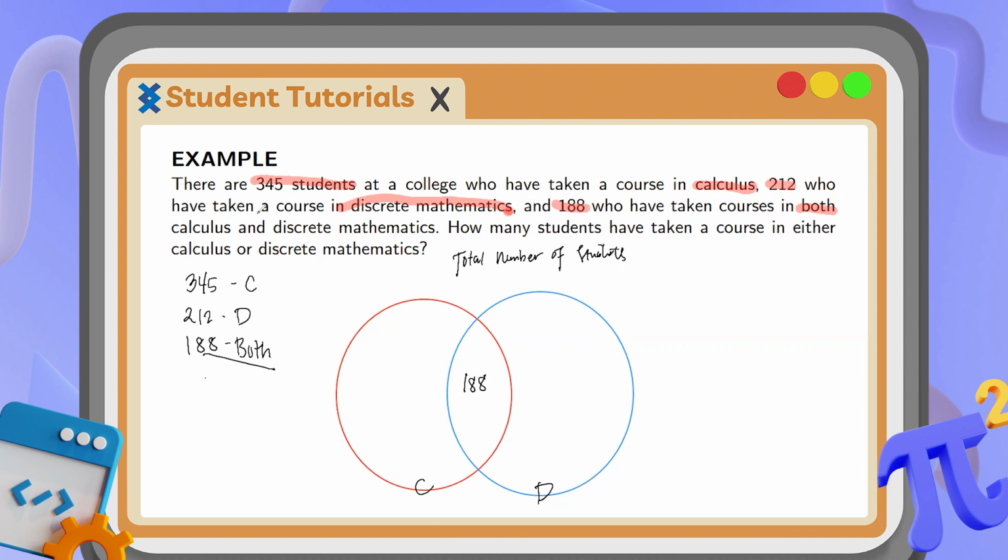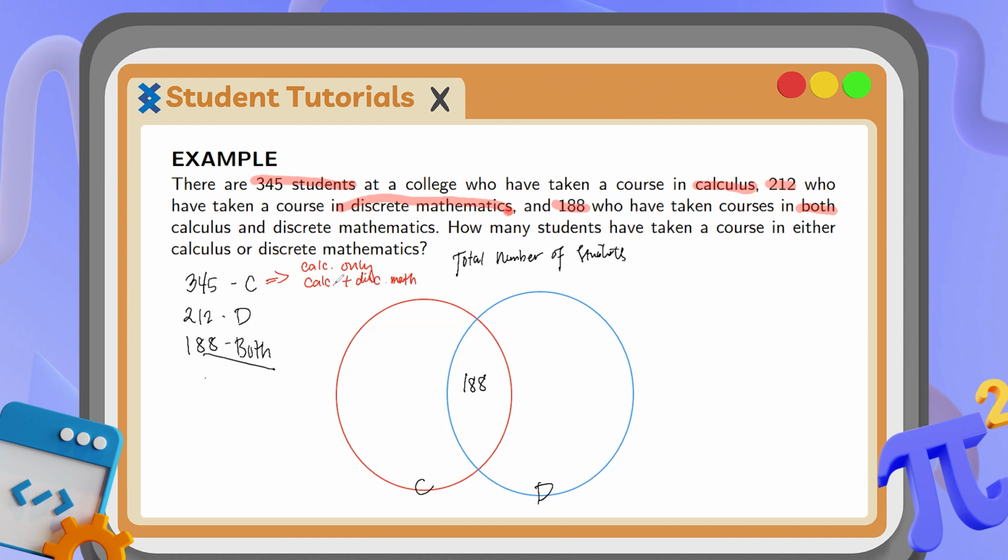Here it says that 345 have taken calculus, which doesn't necessarily mean that those who only took calculus are 345 students. This also includes those taking discrete math, who are also part of the 345. So this 345 consists of those that took calculus only, or those that took calculus plus discrete math.